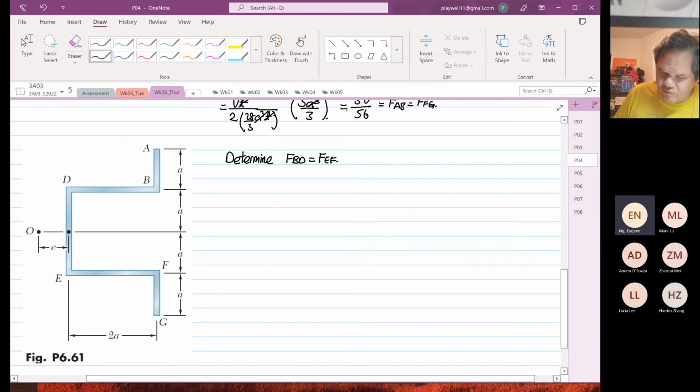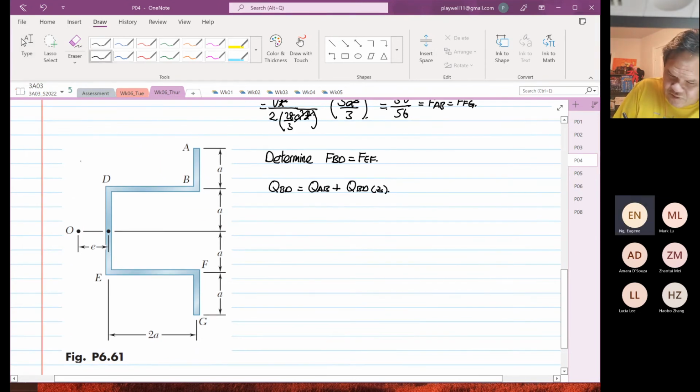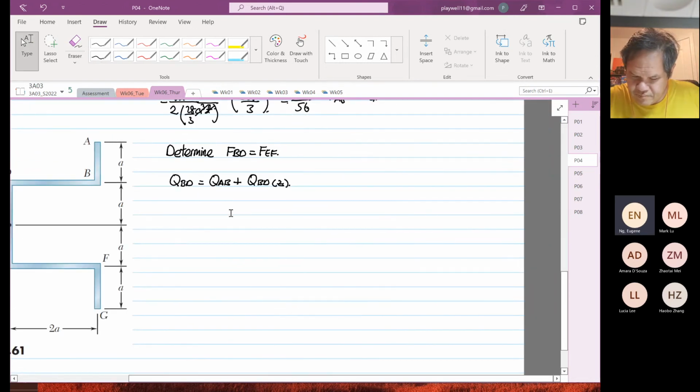We are going to calculate our QBD. For QBD, you have to consider QAB plus QBD, and QBD is a function of Z. This is our Y, our Z, rotation about X. I'm going to sketch.